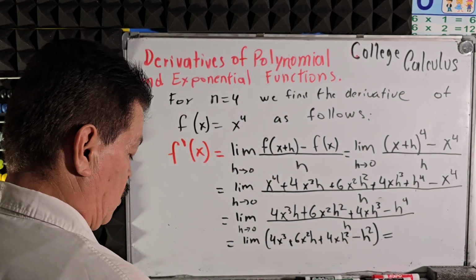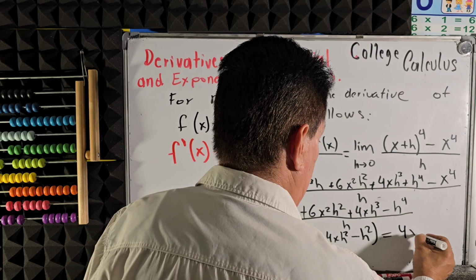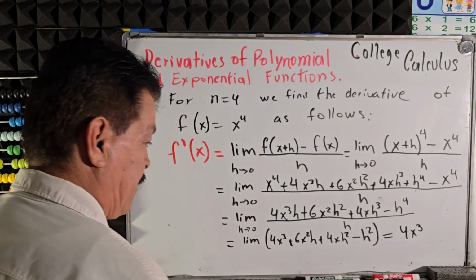You simplify all those, and we will have 4x to the third power.